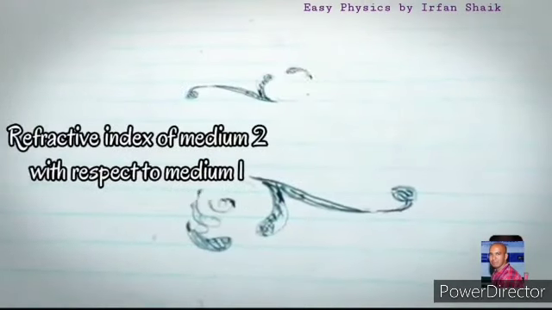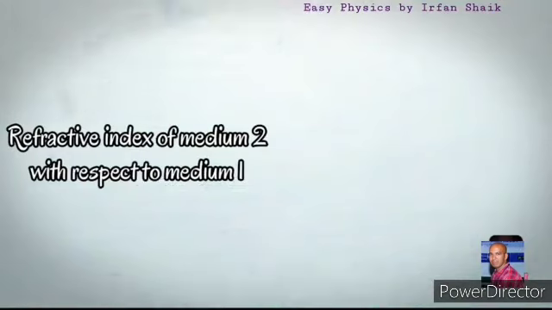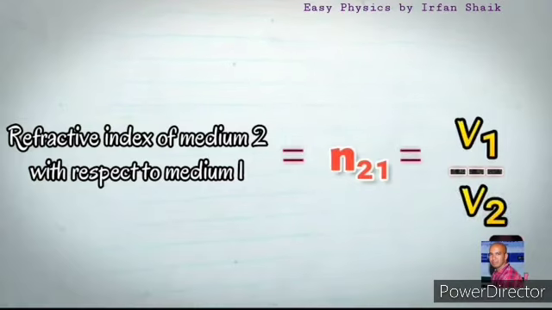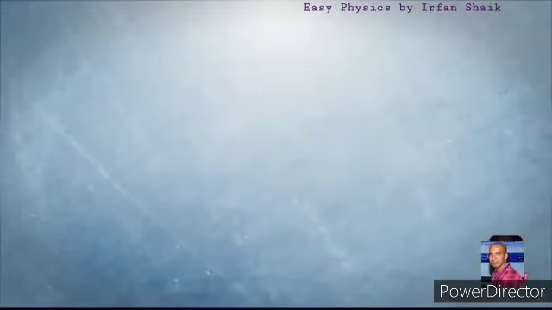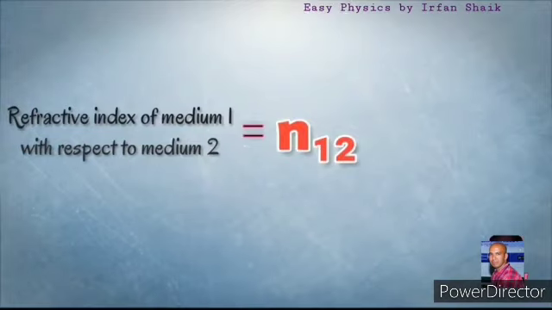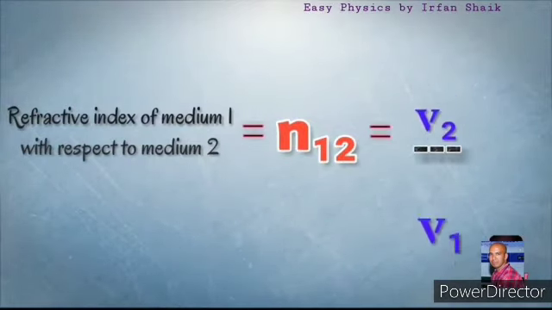So the refractive index of medium 2 with respect to medium 1, that is n21, is equal to v1 by v2. Likewise, the refractive index of medium 1 with respect to medium 2, that is n12, is equal to v2 by v1.